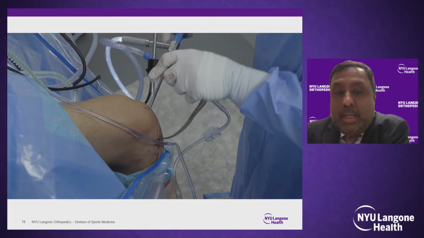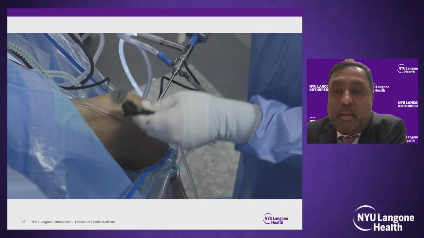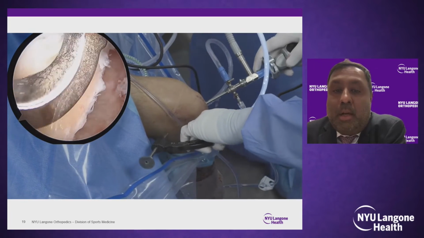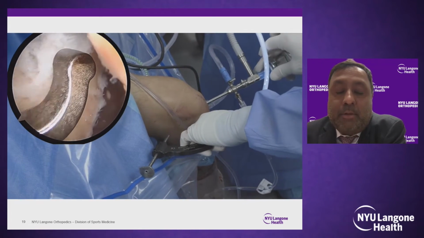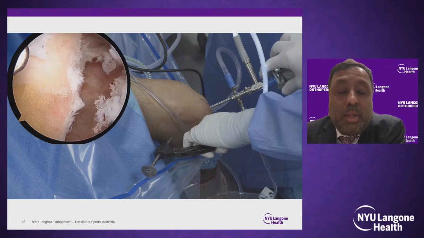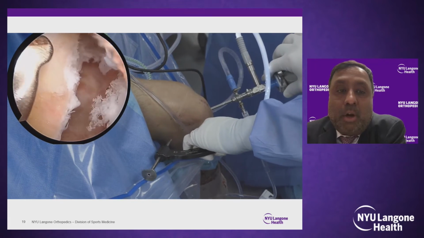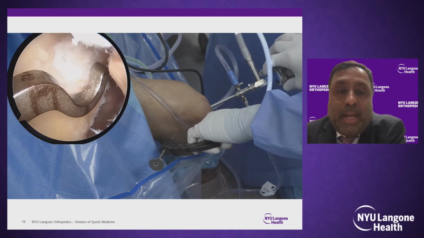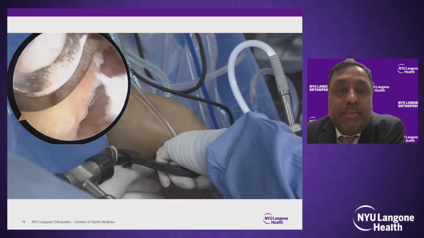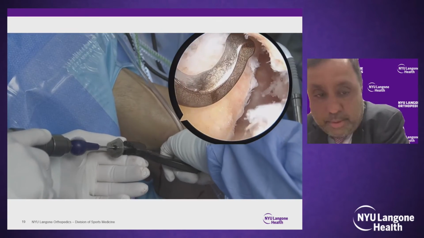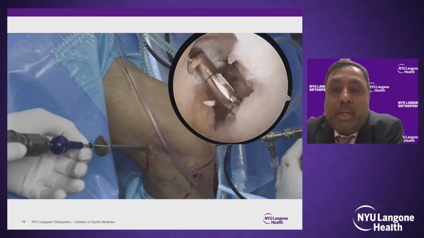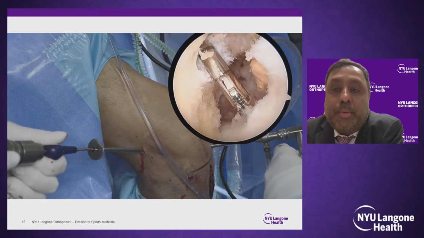So in this case, the outside-in guide was utilized in a revision setting. Again, introduced through the anterolateral portal, and referencing off the posterior wall. Again, the outer diameter there is 9. You can see the previously placed tunnel over there. The trocar is tapped into the position. The guide pin is drilled into the appropriate position.